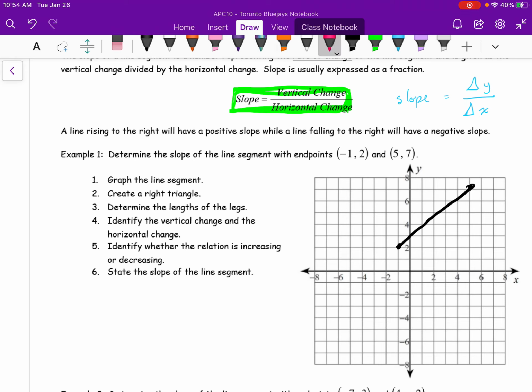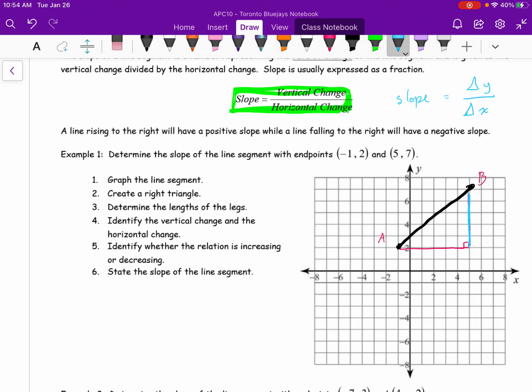And again, I'm just going to call my endpoints A, B, just to give me a frame of reference if I want to talk about it. We're going to create a right angle just like what we did with distance. So they're parallel to the horizontal and the vertical axis, the x and y axis. Now, I'm going to change this color to maybe blue.